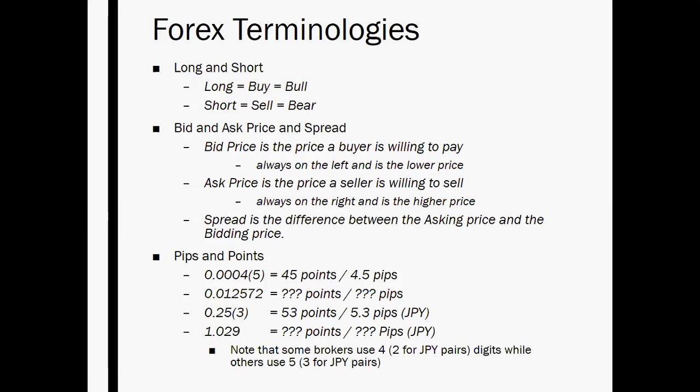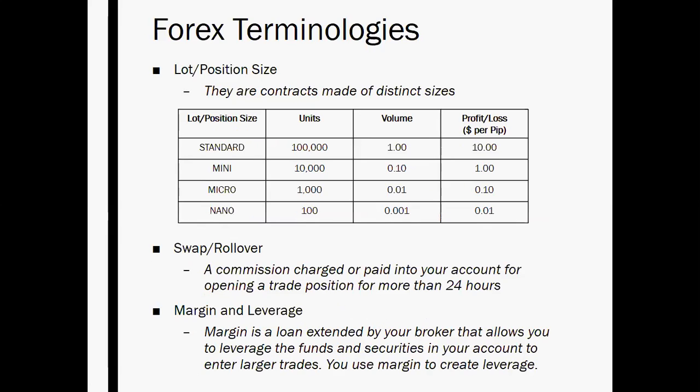You have it in 2 decimal places, but you can also have it in 3 decimal places. So for JPY pairs, the 3rd decimal place is insignificant or minute, but you need just the 2nd decimal place, or the 4th decimal place for normal currency pairs apart from JPY pairs.